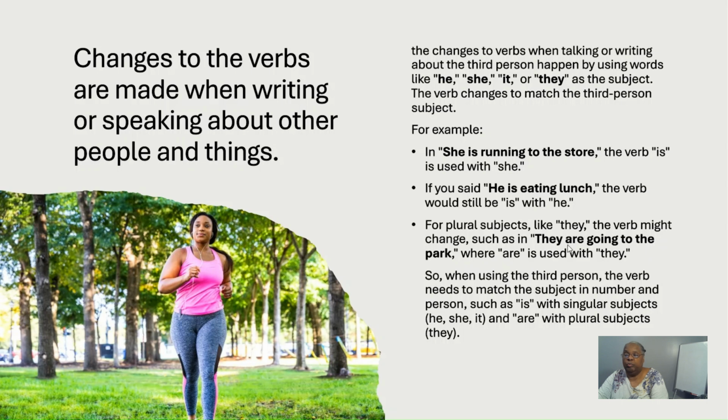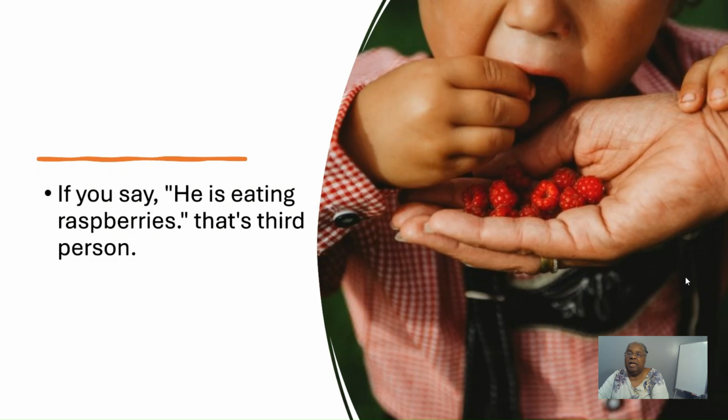So, when using the third person, the verb needs to match the subject in number and person, such as is with singular subjects, he, she, it, and are with plural subjects, they. If you say, he is eating raspberries, that's third person.